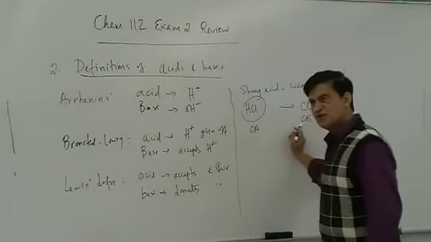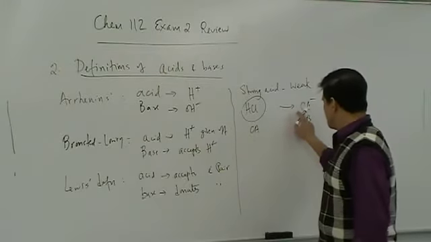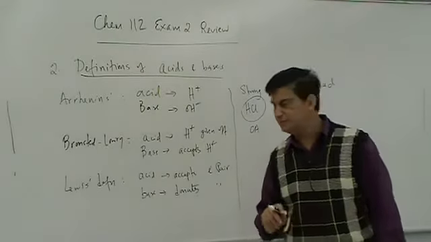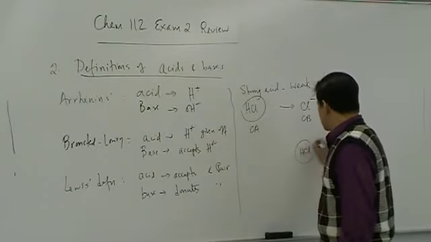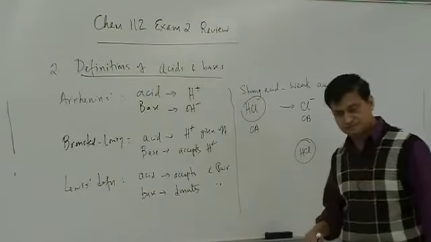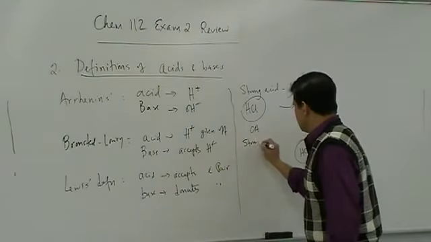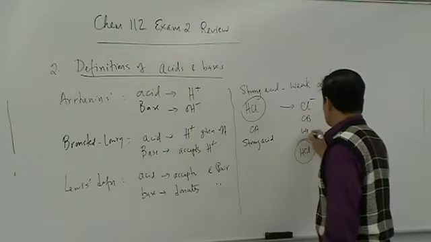If this were a strong base, it would readily accept H+. Now question is, does it readily accept H+? Answer is no. Because if it readily accepts H+, then HCl would be a weak acid. That means it cannot break down. So in other words, for a strong acid, the base would be a weak conjugate base.